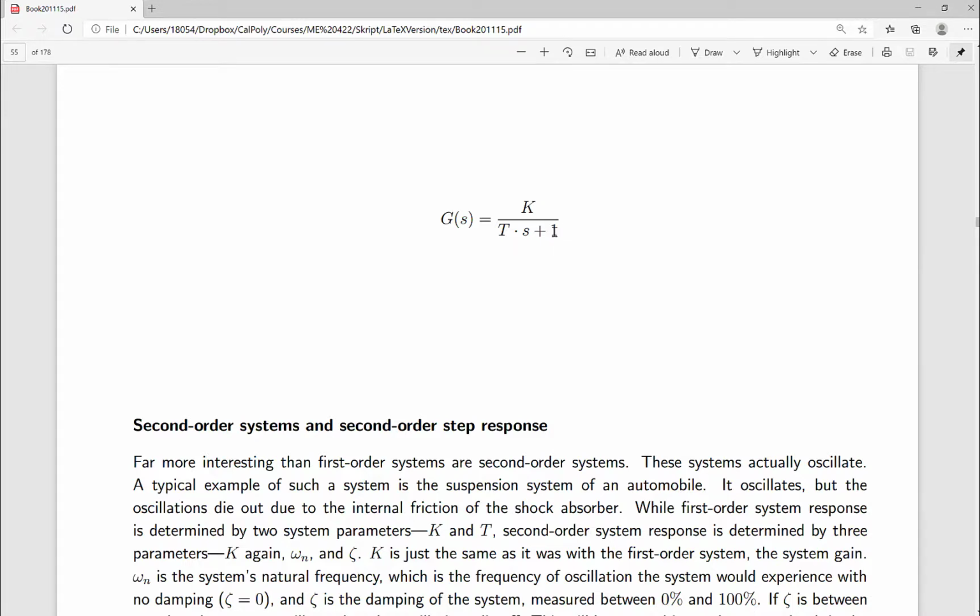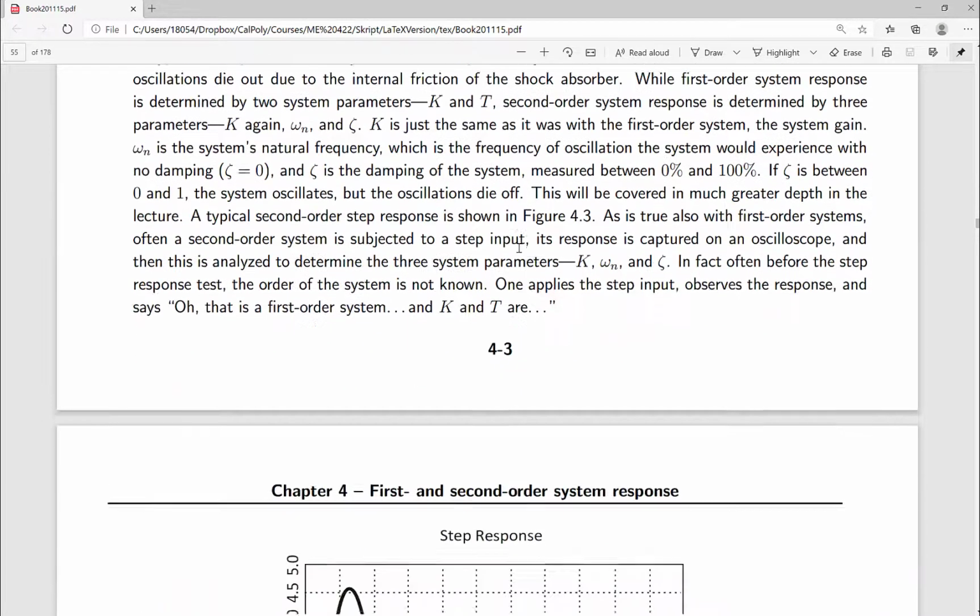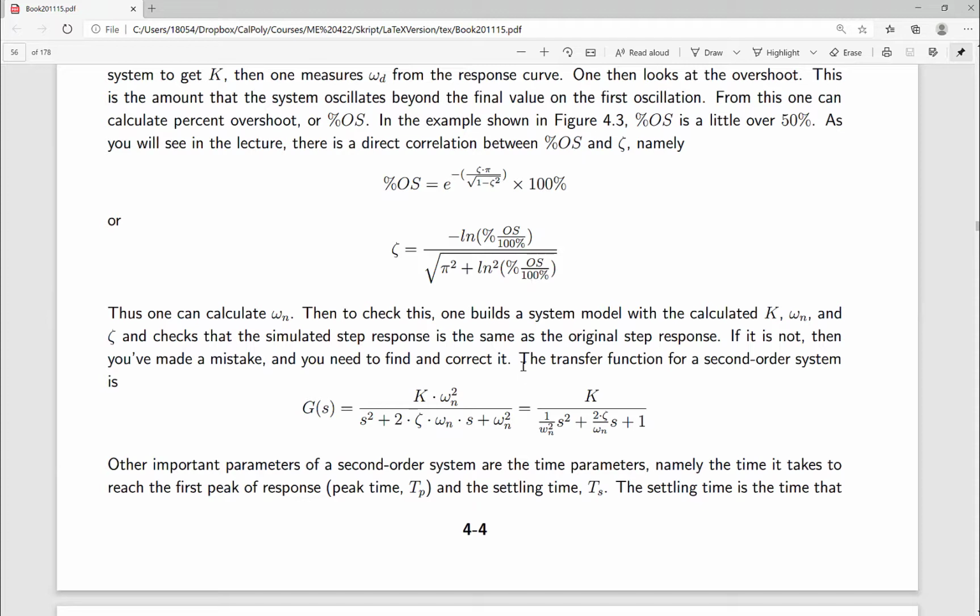So it's often convenient to manipulate the denominator of your transfer function, which is what I did here. I had omega n squared here, and I divided the top and the bottom by omega n squared, and that leaves a K on top, and of course a 1 in the constant term in the polynomial in the denominator.